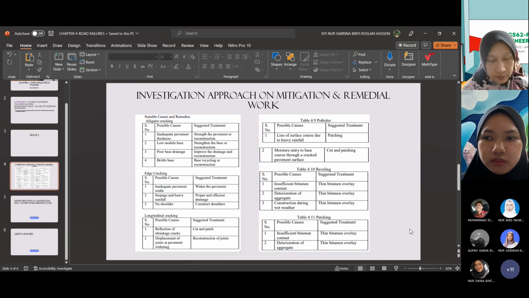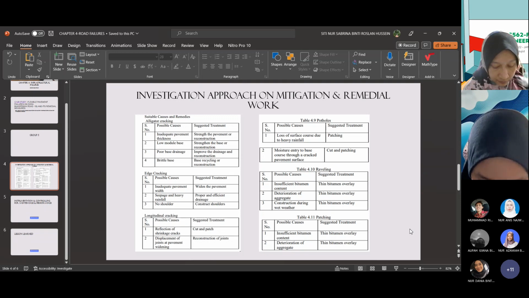Sekejap. Minggu depan cuti kan? Minta maaf lah saya ambil masa lama hari ni.